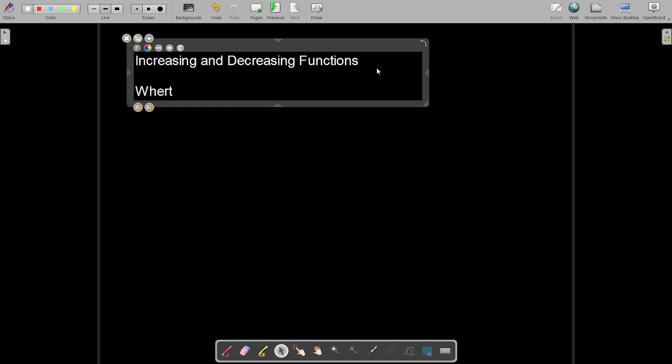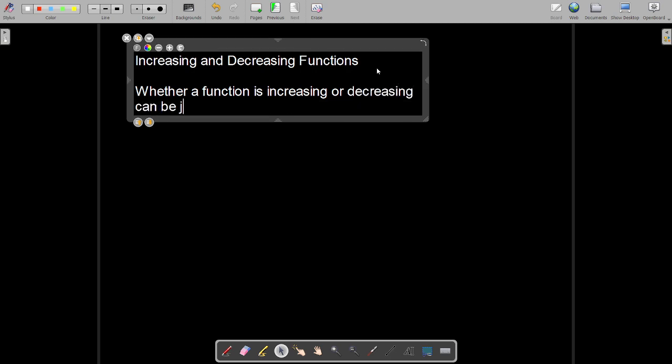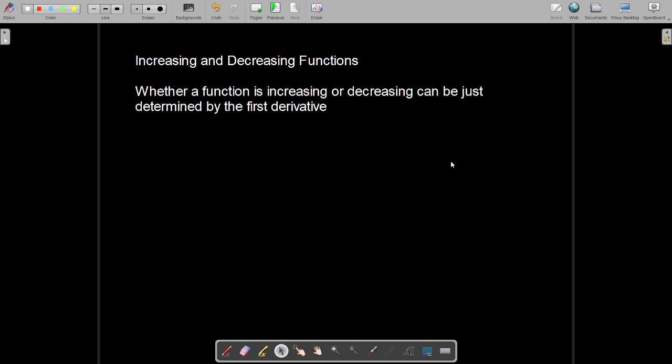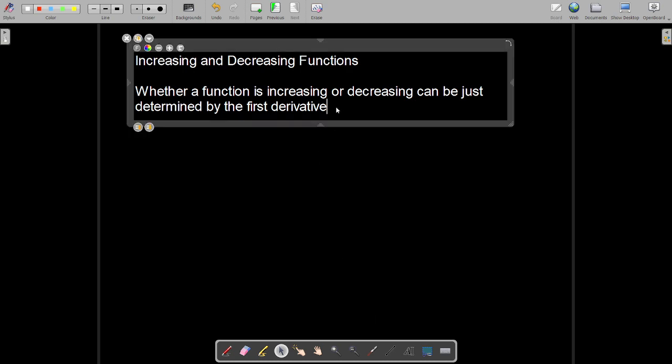Whether a function is increasing or decreasing can be determined just by the first derivative. How do you determine it?